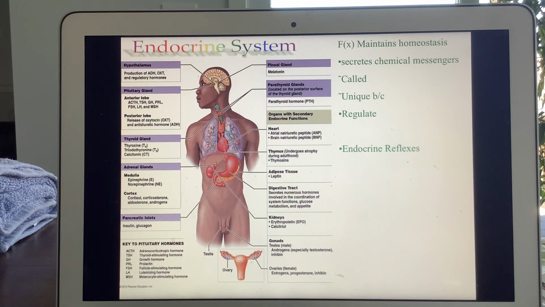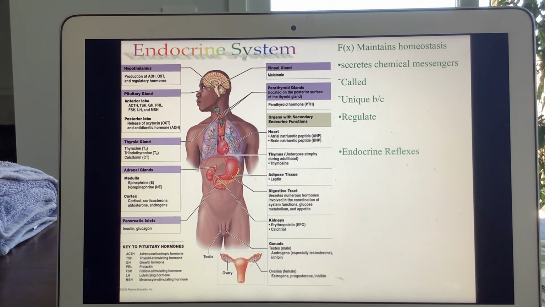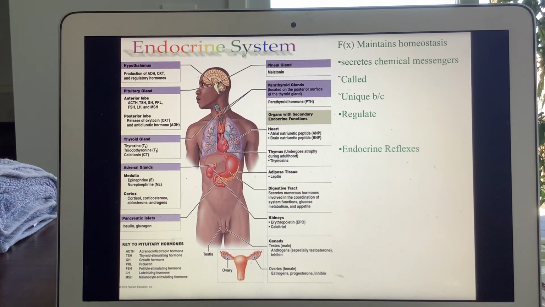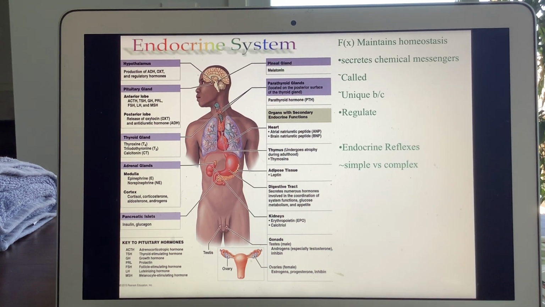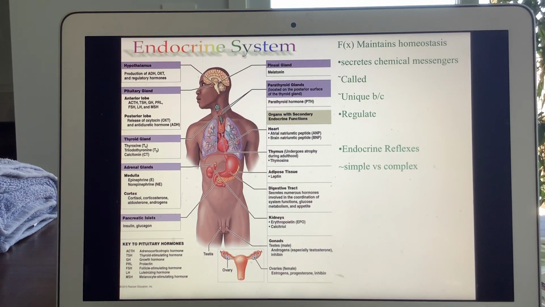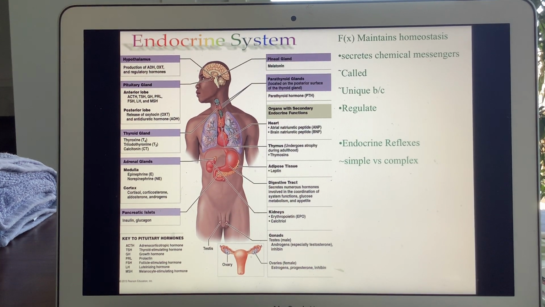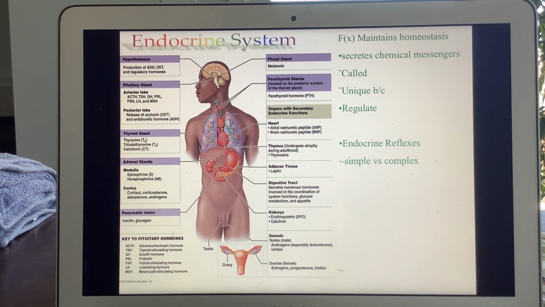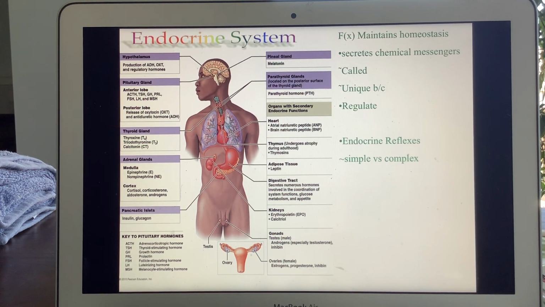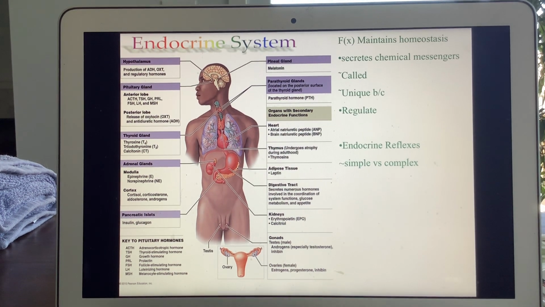So now let's talk about endocrine reflexes. Remember, a reflex is an autonomic response. It's automatic. There are endocrine reflexes that are either simple or complex. It's easy to remember. A simple endocrine reflex has one hormone. You have organ 1 secretes one hormone that acts on endocrine organ 2 that has the correct receptor.